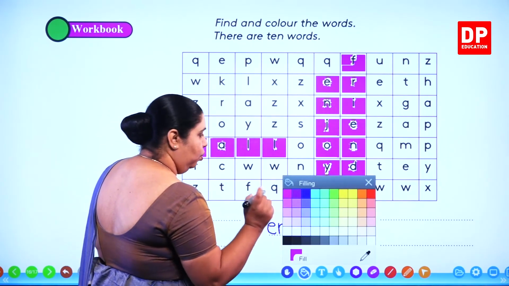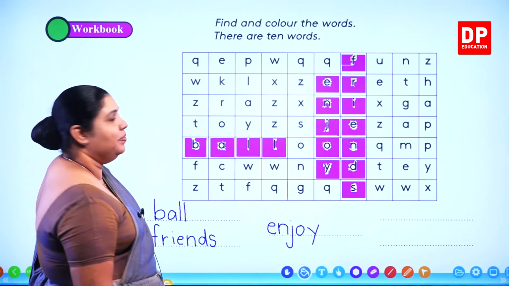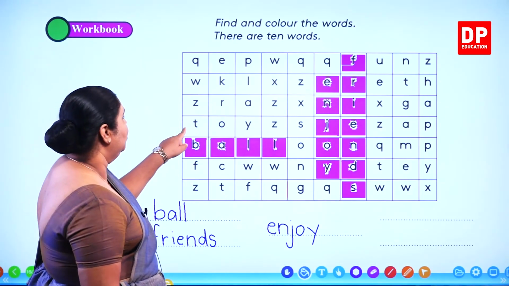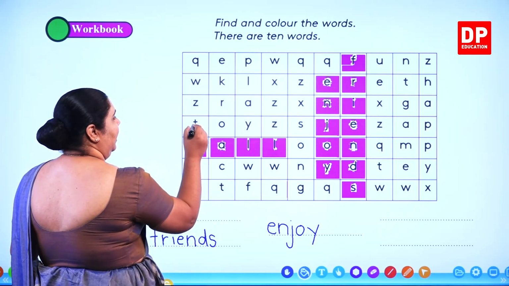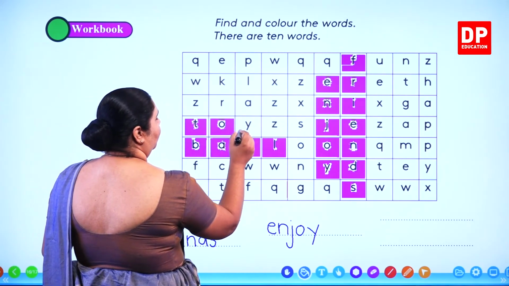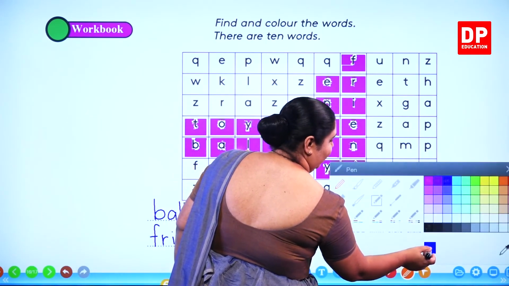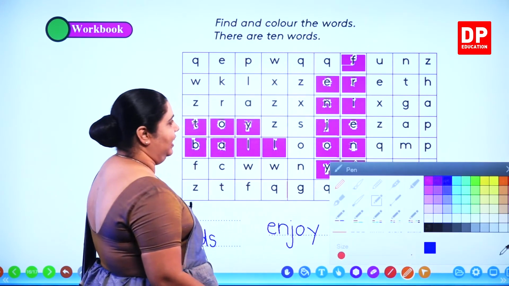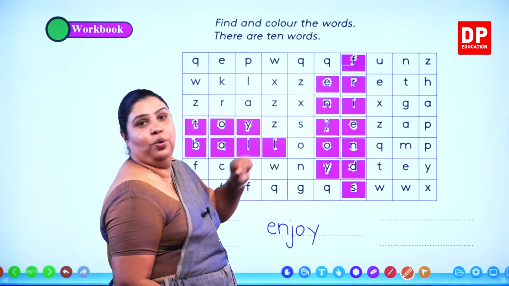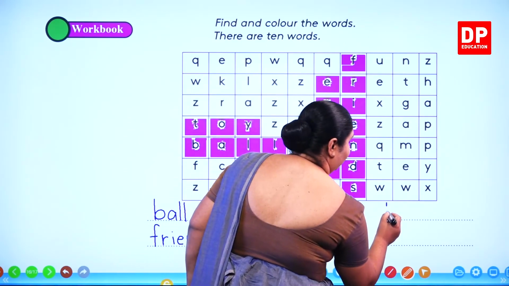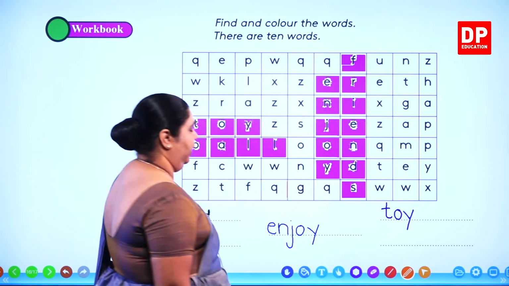Right, now it's time for us to find. We have another 2 more words to find. We'll see what else we are going to write. We can write the word toy. That is over here, toy. T-O-Y, toy. We will write it here. It's a very easy word. Now we have all together 1, 2, 3, 4 words. T-O-Y, toy. Right.